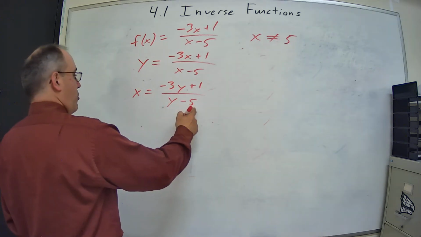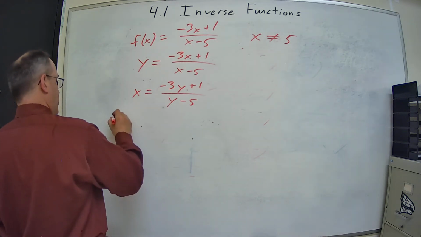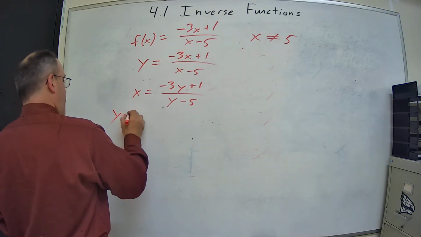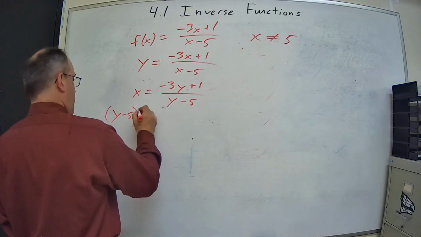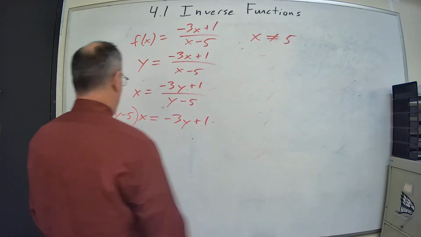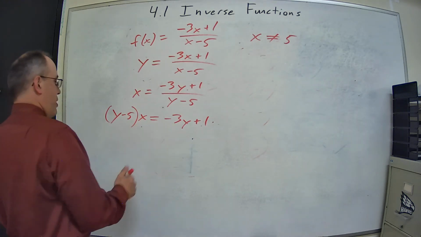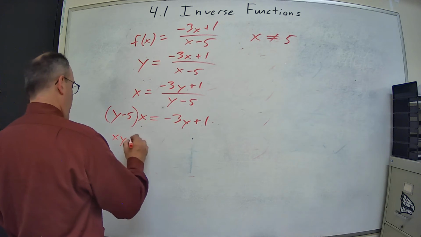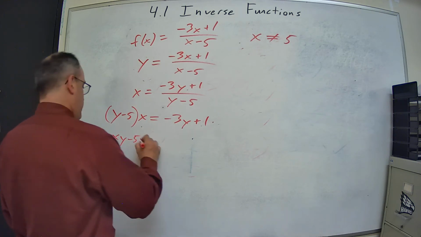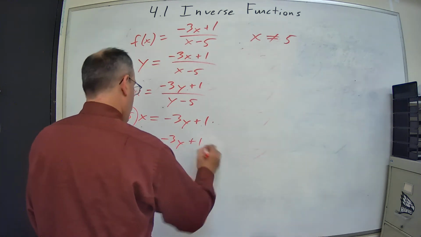So multiply both sides by y minus 5 gives us (y - 5) times x is equal to -3y + 1. I'm going to distribute x through. xy - 5x is equal to -3y + 1.